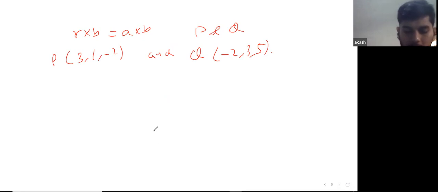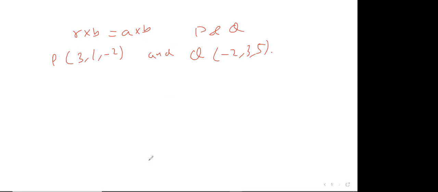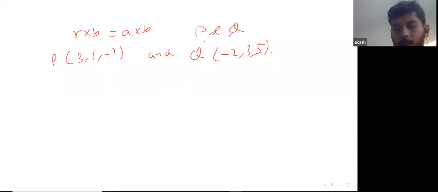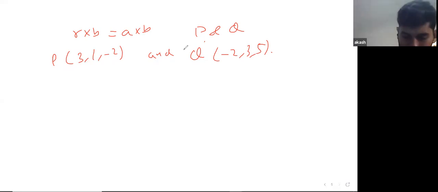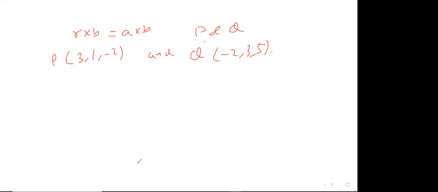I'll give you a few minutes. P and Q are points the line is passing through.